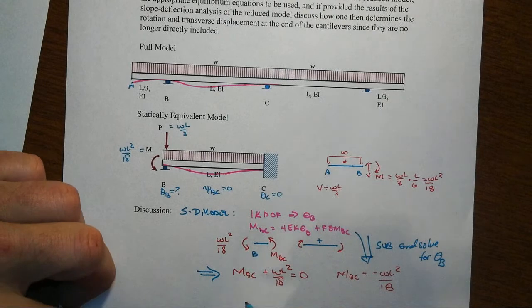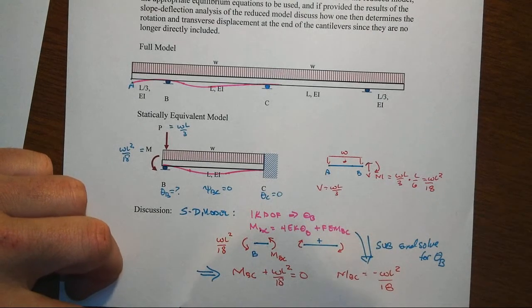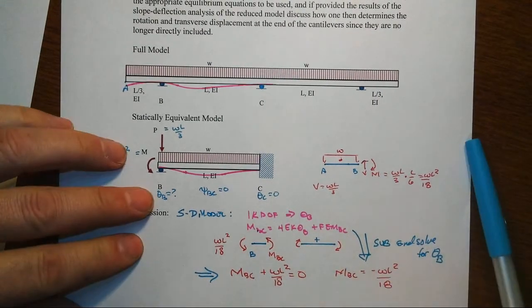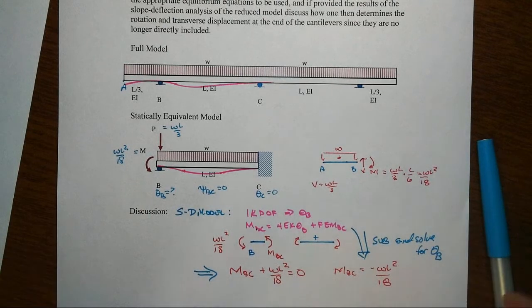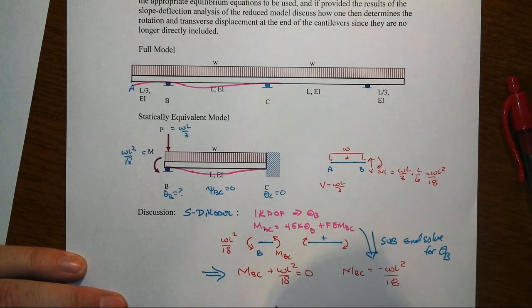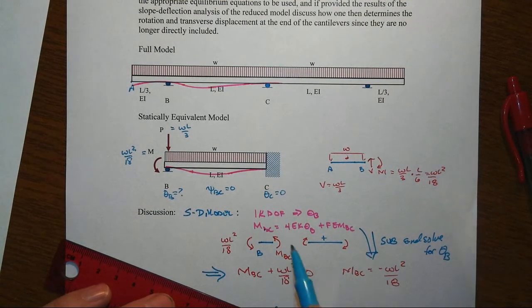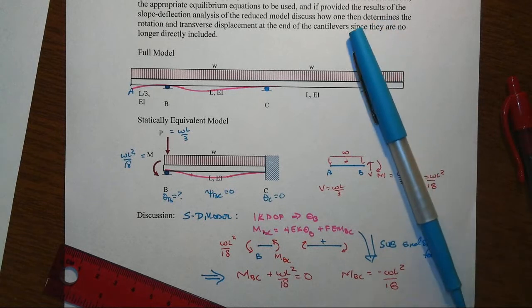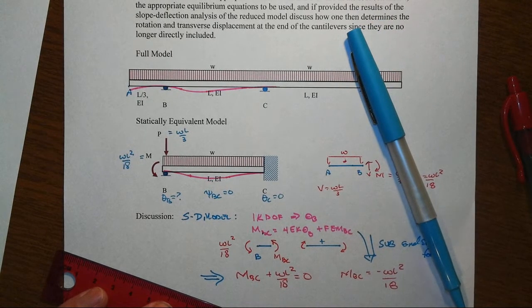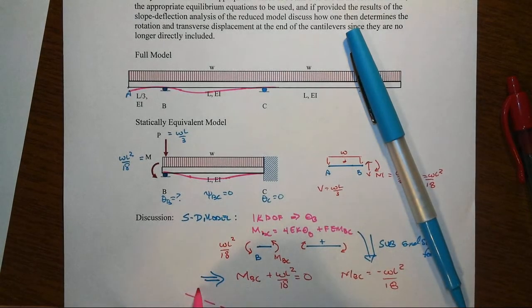But the big picture here is, if that's my undisplaced position of the beam, and here's B, if I come along and say I've got a rotation that happens at B, let me then drag that tangent out.